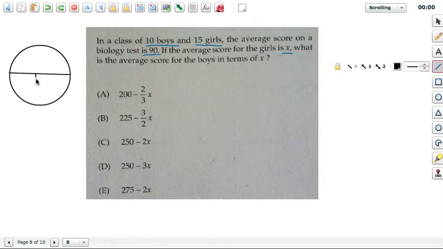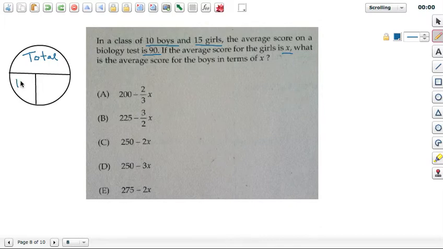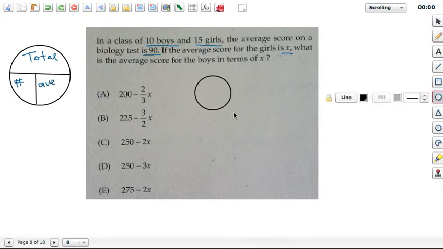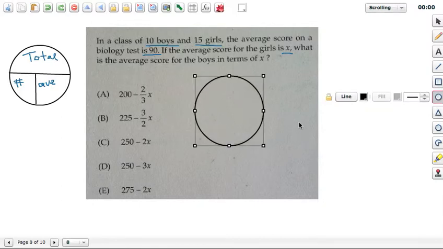And divide the circle as I've shown here. The top box is reserved for total. One of the smaller compartments is reserved for the number and the average value. So let me see if I can show you how the average pie might work here. So let me create a few of these.